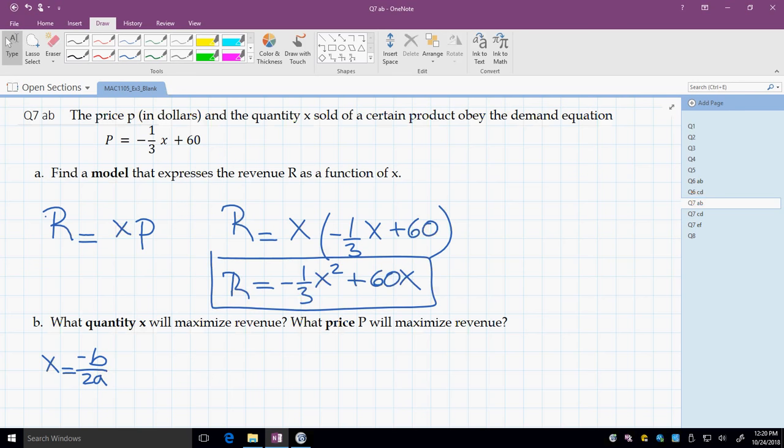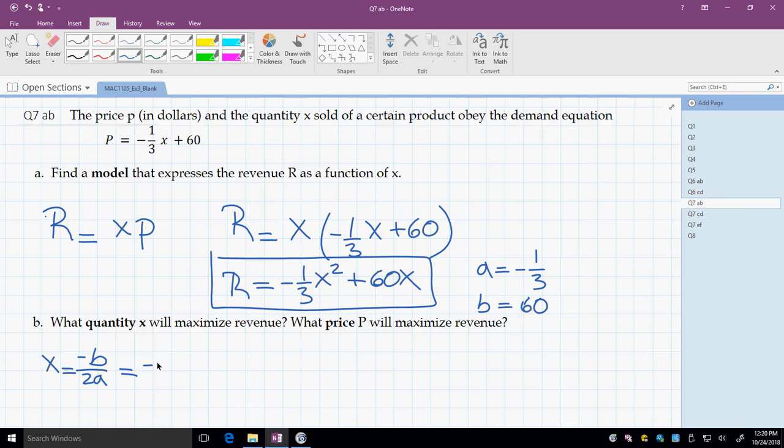We're going to take the values from our revenue function because that's what they want us to find the maximum of. In this function, A is going to be equal to negative 1 over 3, and B is going to be equal to 60. So I only need to come here and plug in those values.